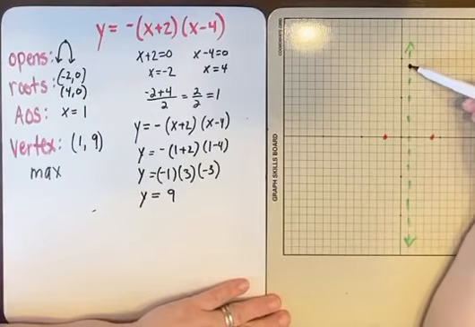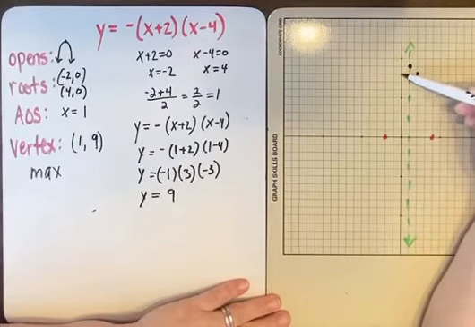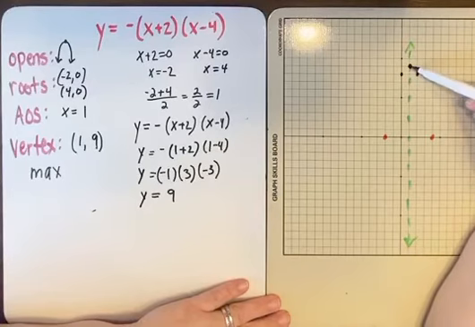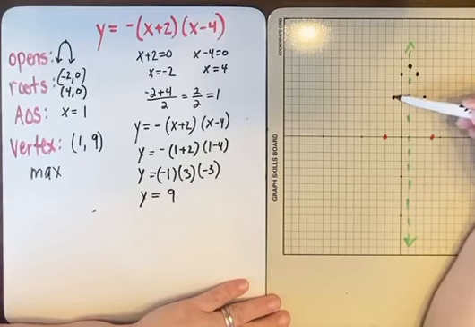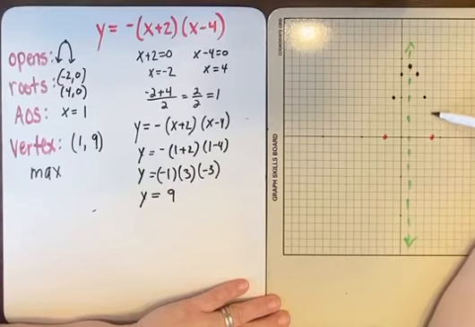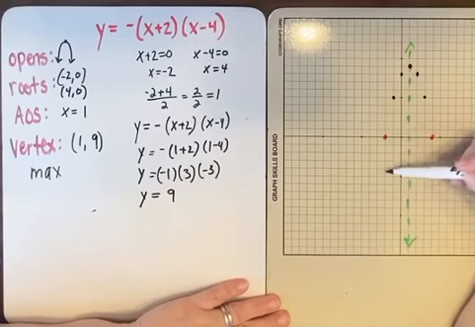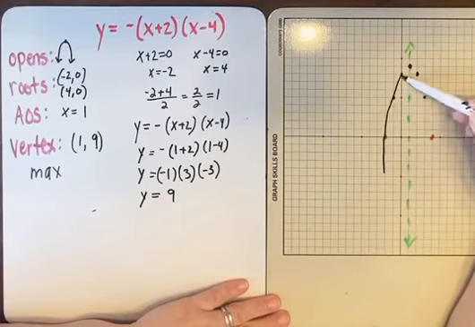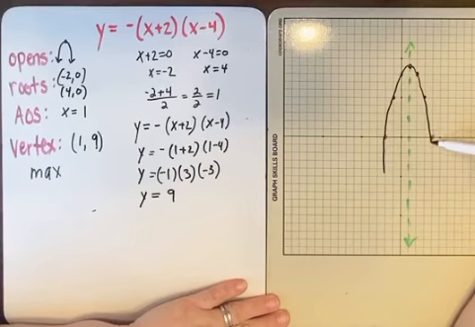If from the vertex, I move to the right 1, 1 squared is 1, move down 1, use symmetry, go back to the vertex, move to the right 2, 2 squared is 4, count down 4, use symmetry, go back to the vertex, go to the right 3, 3 squared is 9, when we count down 9, we are at our x-intercepts. And so now we can use these points to draw that U-shaped curve that is our parabola.